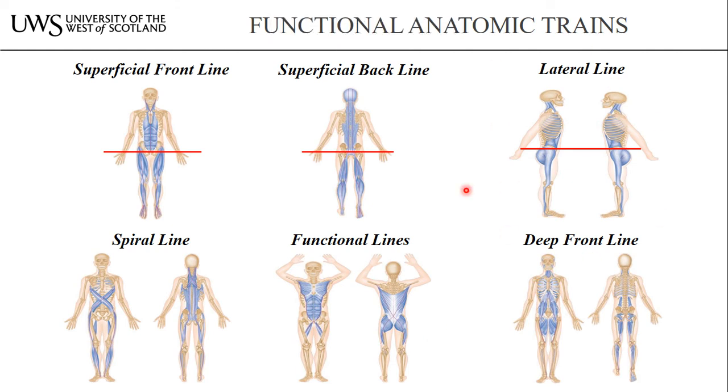Okay, now is the turn of the lateral line. So for the lateral line, actually we are talking about two lines, because there are two symmetric lines on each side of the body.